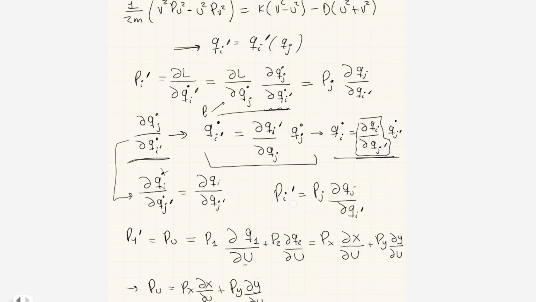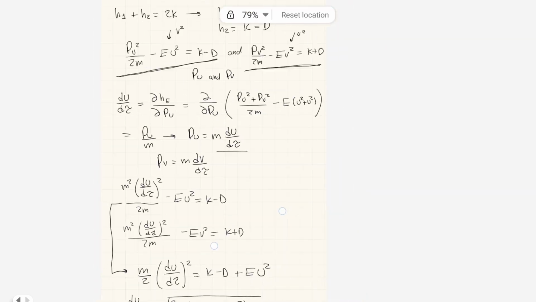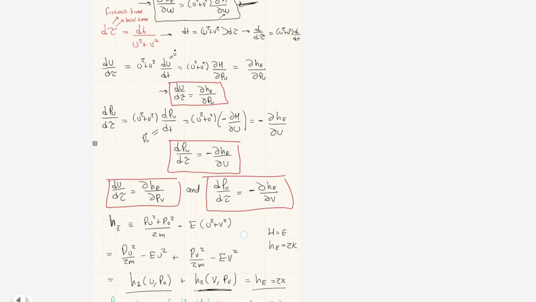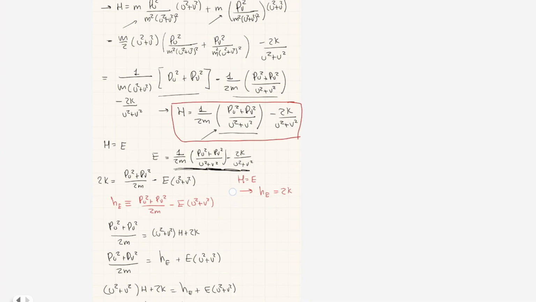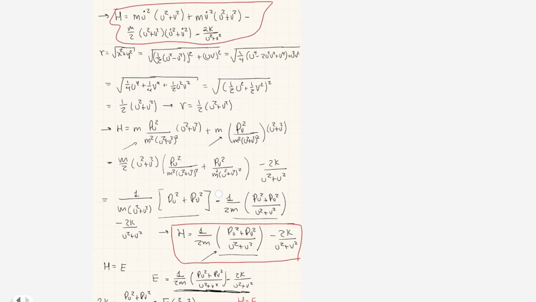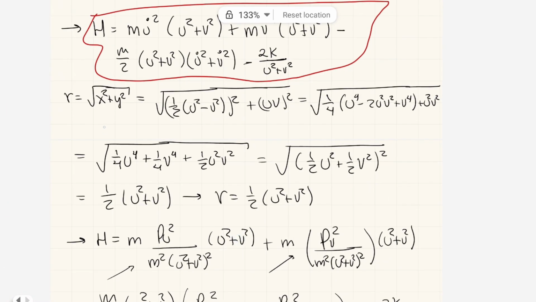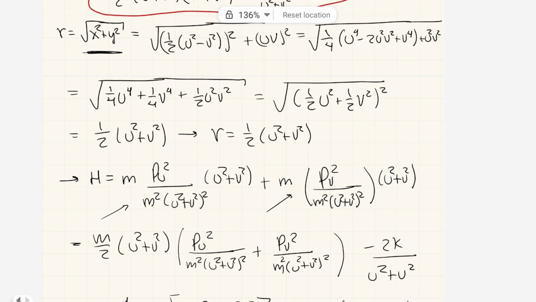I think we did it at the beginning of the lesson when we calculated the magnitude r. Okay, yeah, it is here. We have here that r is equal to the square root of x squared plus y squared, and we got that it is equal to 1/2 u squared plus v squared. So this means that u squared plus v squared is equal to 2 times r.